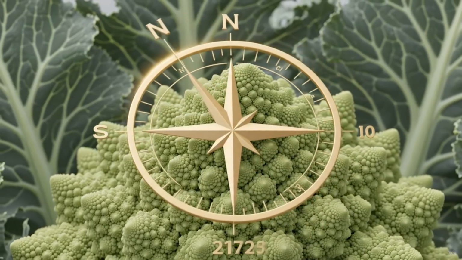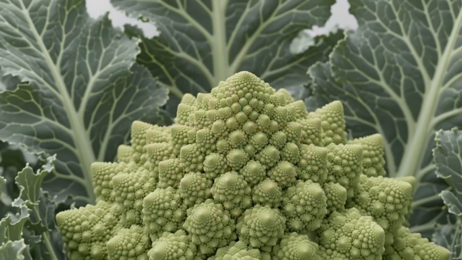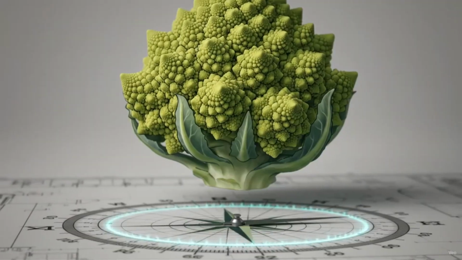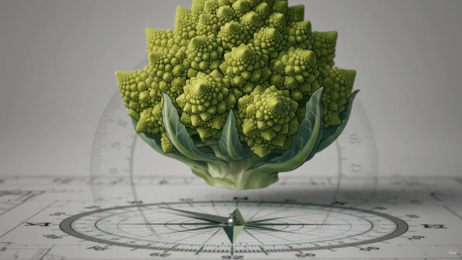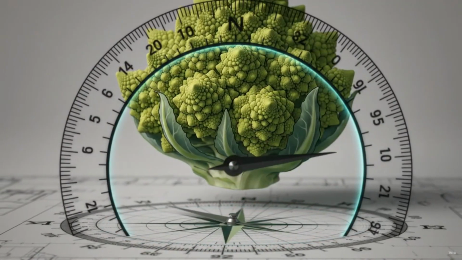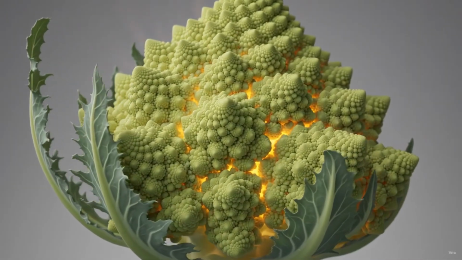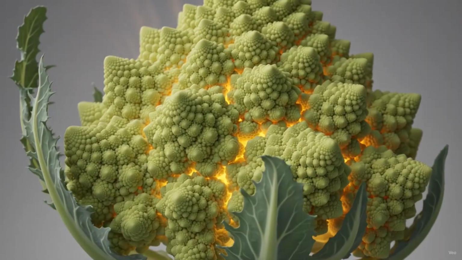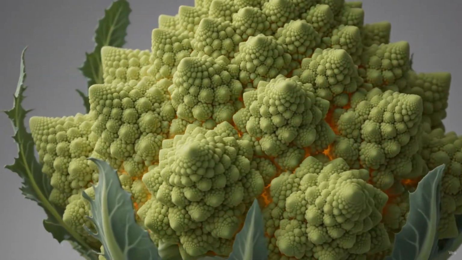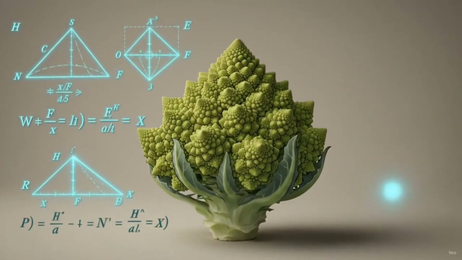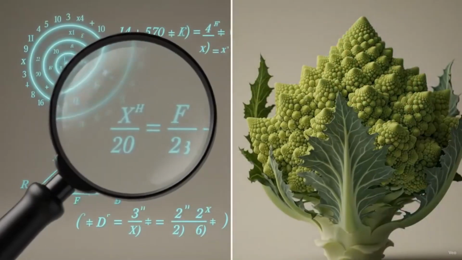The angle of divergence between each newly formed cell is precisely 137.5 degrees. This is the exact, unyielding mathematical coordinate of the golden angle. Pause the video now to verify these incredible geometric numbers yourself.